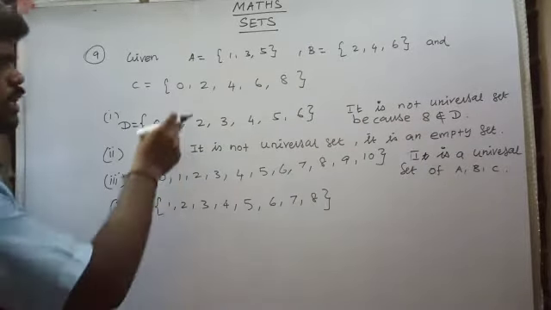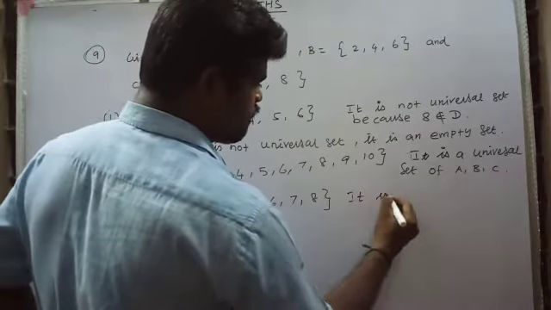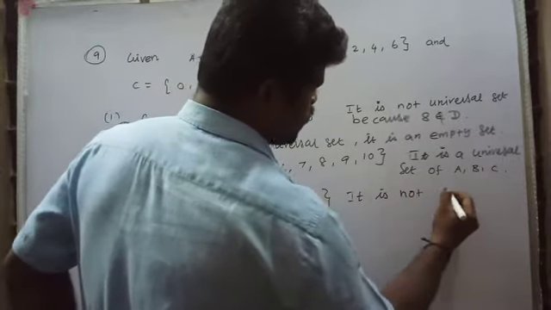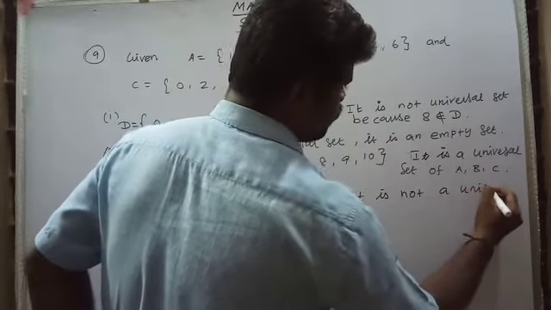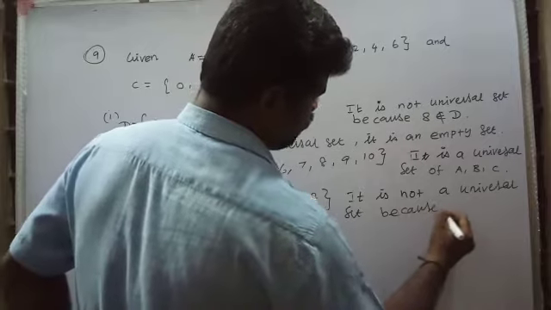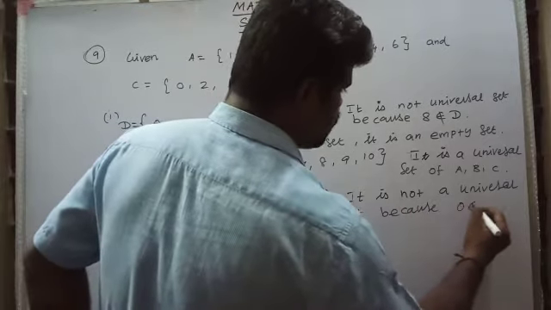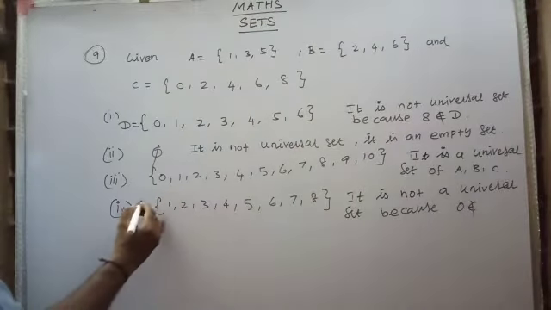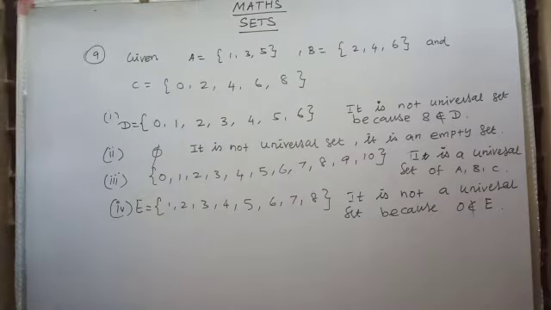That's why it is not a universal set. 0 does not belong to, we give the name E, 0 does not belong to E. So this is not a universal set. Okay, refer the sum.